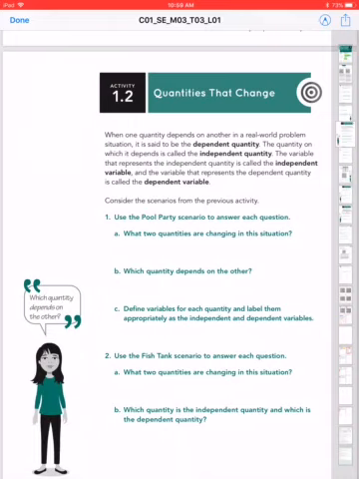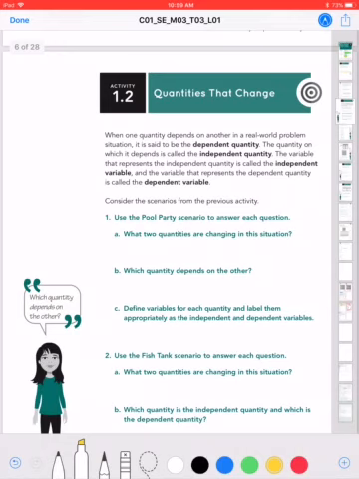So that's the number. The quantity on which it depends is called the independent quantity. So the dependent variable, the dependent quantity, is going to depend on the independent quantity. It's pretty easy to remember.